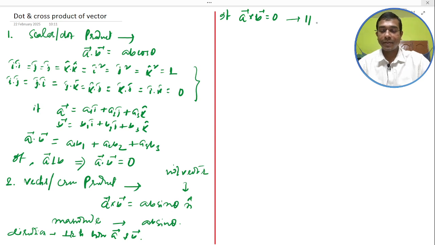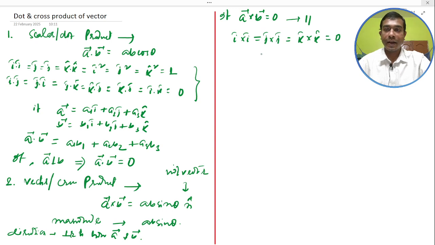Suppose i, j, k are the unit vectors. Then i cross i is equal to j cross j is equal to k cross k, this is equal to 0. And one thing is that basically this rule: this is i, this is j, this is k.